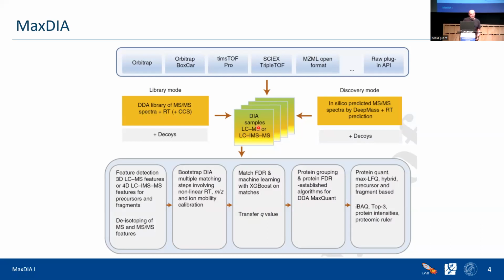An example of an adapted algorithm is the MaxLFQ algorithm that we saw yesterday evening, how it works for DDA data. This can be modified to work even better in DIA data, because one can make use of the fact that for each peptide you have many signals: the precursor signal and many fragment signals.